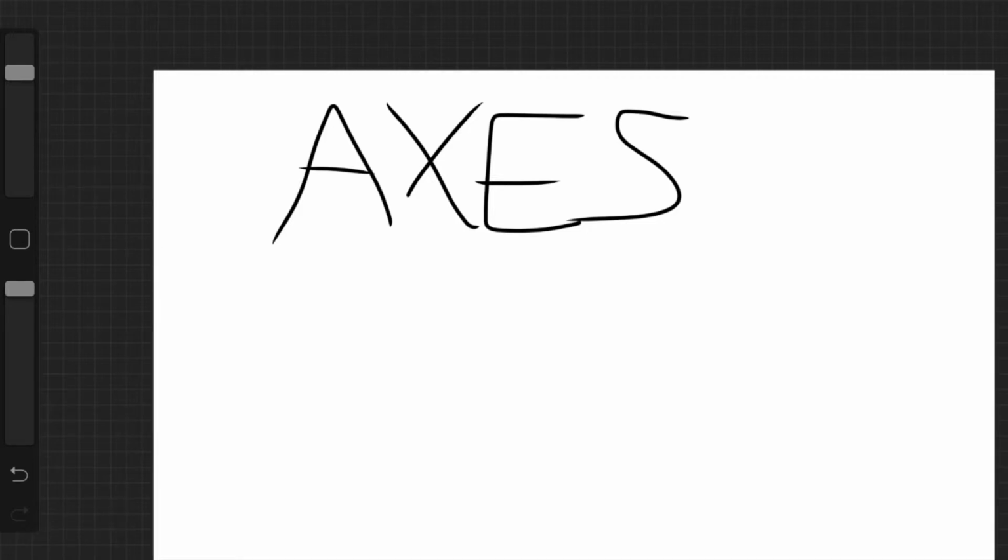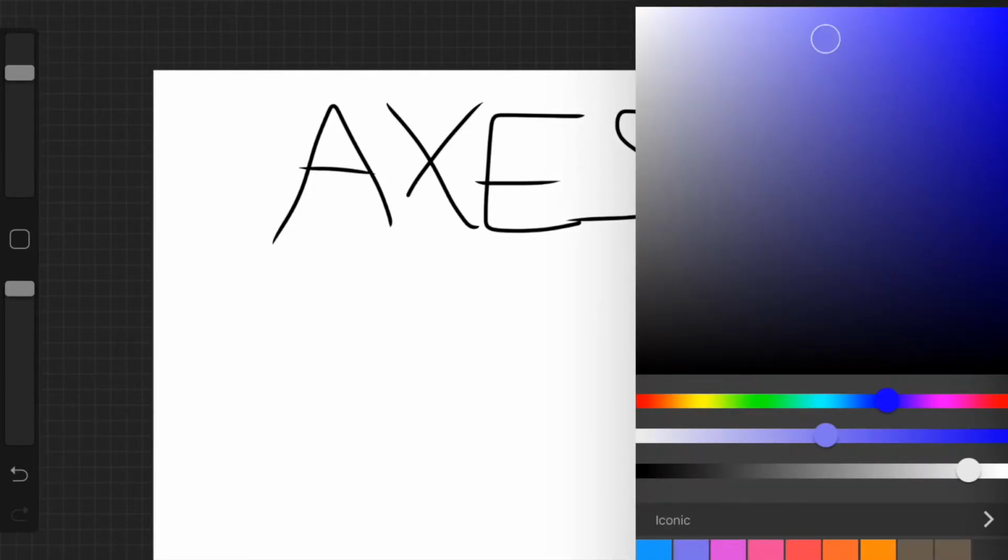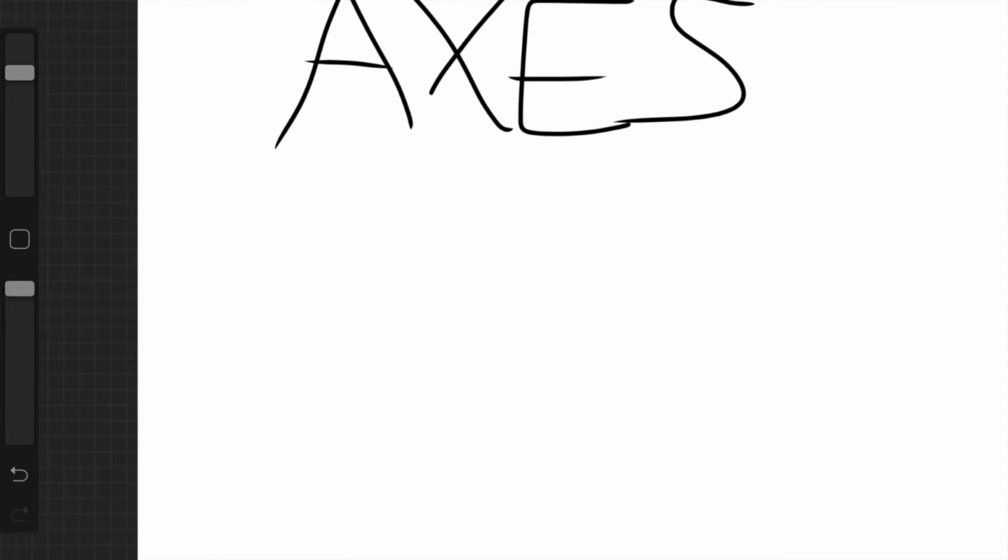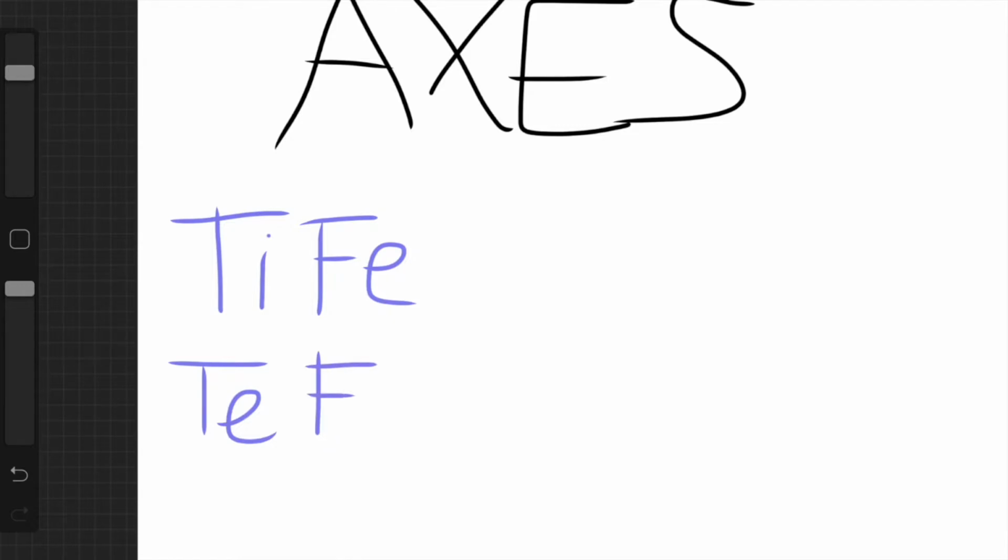Now let's talk about axes. The way that axes work is they're like a duo. If you have one function from the duo, you have to have the other function as well somewhere else in the stack. So we have judging and perceiving axes. Let's go over them. For the judging axes, we have Ti and Fe, and Te and Fi.